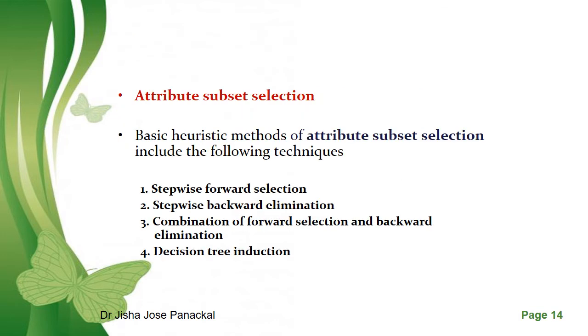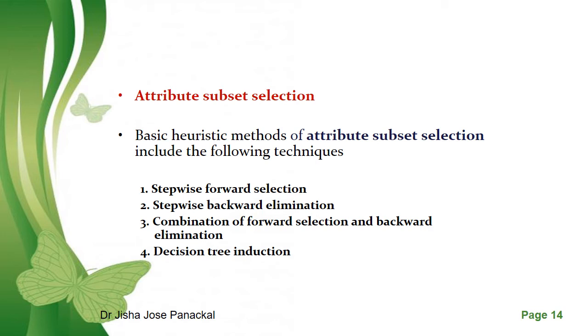Attribute subset selection. Basic heuristic methods of attribute subset selection include the following techniques. We can select the attribute subsets by the following techniques.